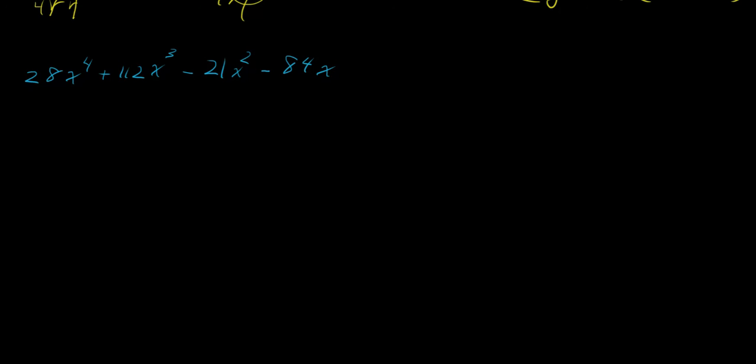In this case, there is a common factor to all 4 of these terms, and it is 7x. You can verify, but I can pull a 7x out of everything in here. 28 divided by 7, x to the 4 divided by x is x cubed. Does this times this equal this? And it does.